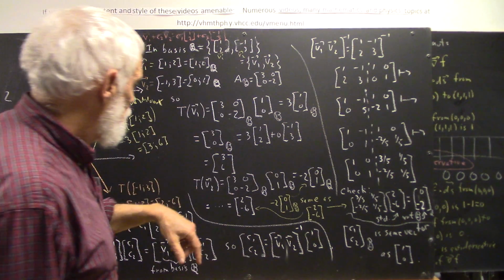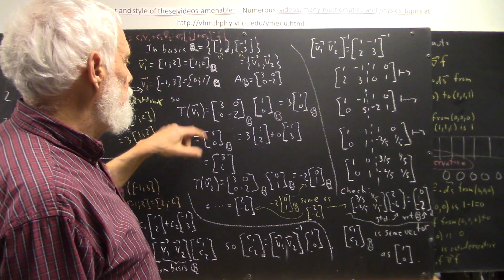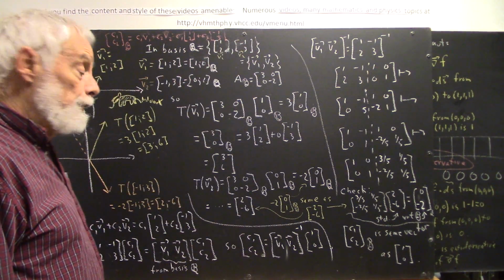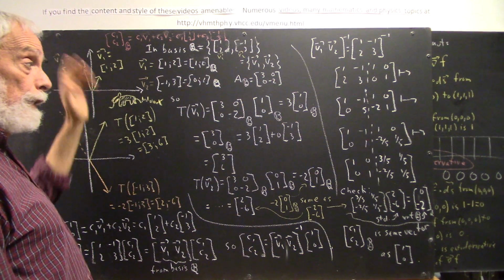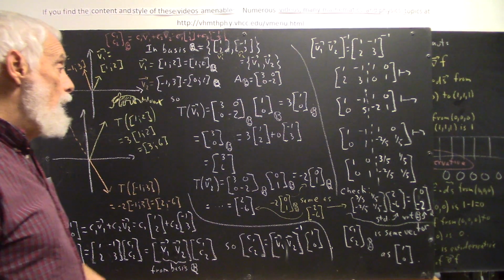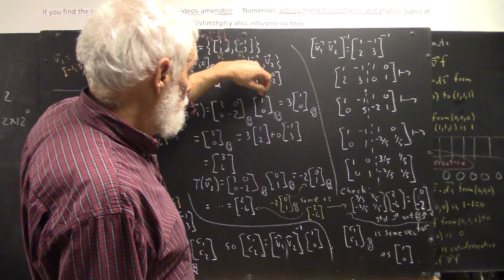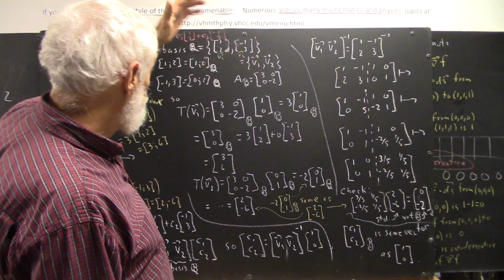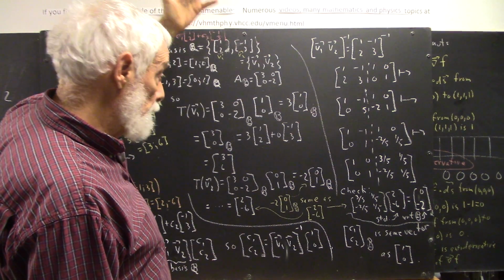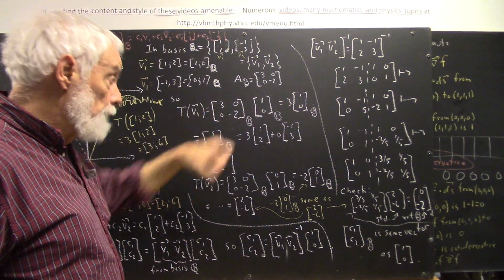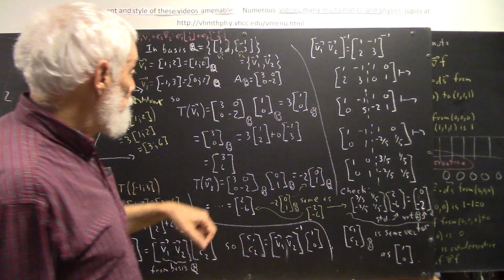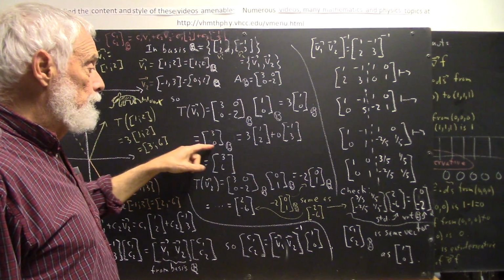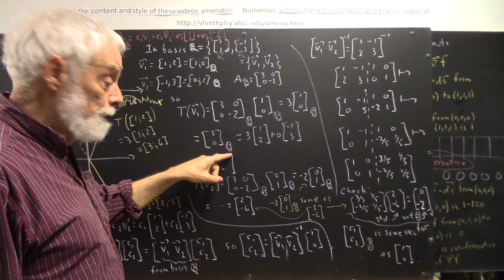So I write all that out. I say our transformation of v1 relative to the eigenvector basis, relative to our basis consisting of v1 and v2, we multiply the matrix by the (1, 0) vector, both relative to this basis, which is, because of the matrix, going to be our eigenvector basis. And we get 3 times the (1, 0) vector, or the (3, 0) vector relative to this basis.